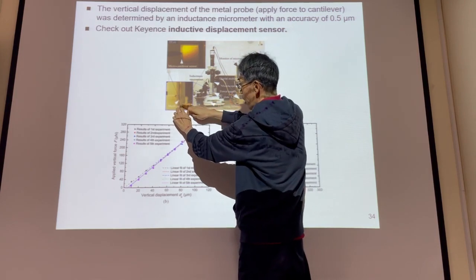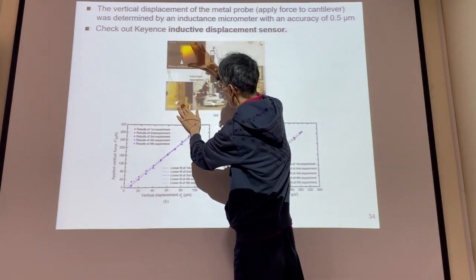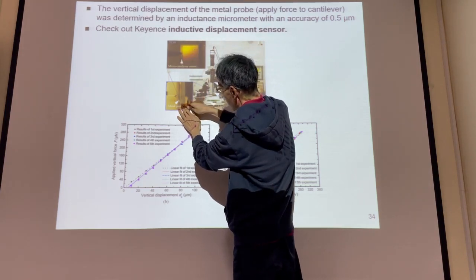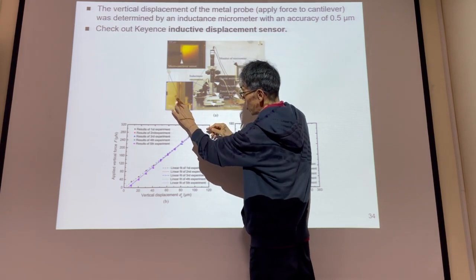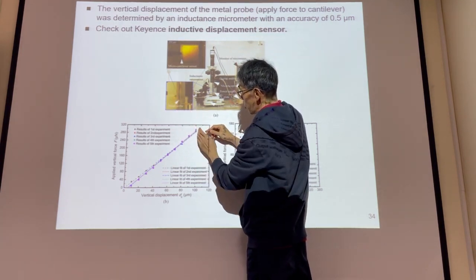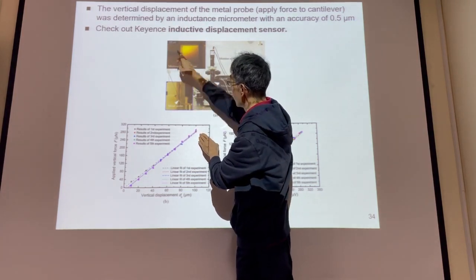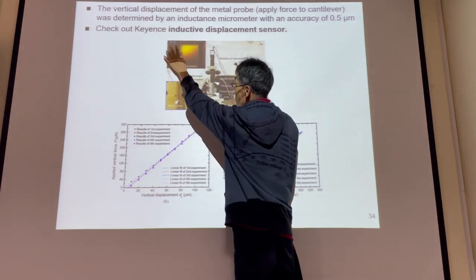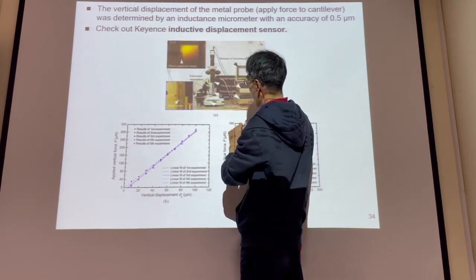So we enlarge this small area, so you can see the micro device, the tiny square here. So use one probe to push down this cantilever. And always use a scale bar to let people know the scale of your device.